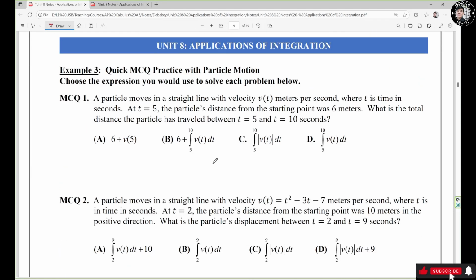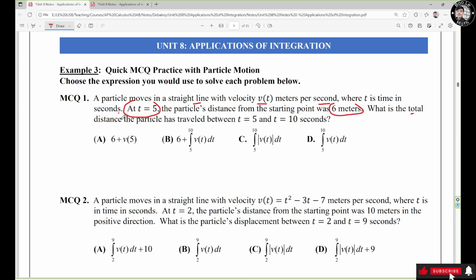Now let's move on to example number 3. A particle moves in a straight line with velocity v of t meters per second, where t is time in seconds. At time t equals 5, the particle's distance from the starting point was 6 meters.